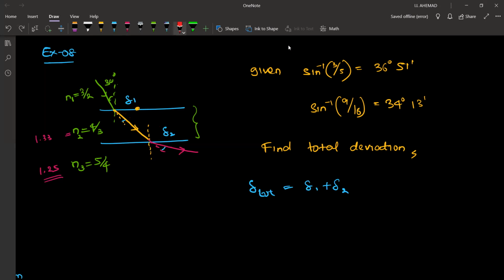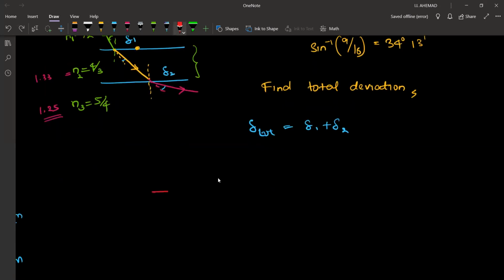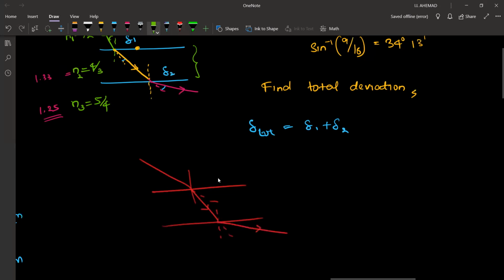But if we had a question where in the first it's getting towards the normal, and in the second it's deviating away, we will find delta 1 and delta 2, and from the larger one, delta 2, I will deduct delta 1.